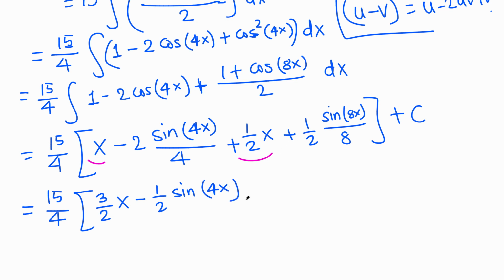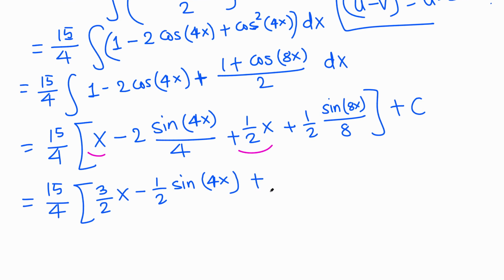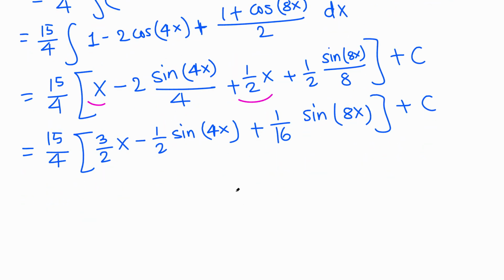This is covered, plus this one is now 1/2 times 1/8, 1/16, sine 8x, plus C. This is good enough. I mean, the best we can do is just distribute, but that's not necessary. So this is the final answer.